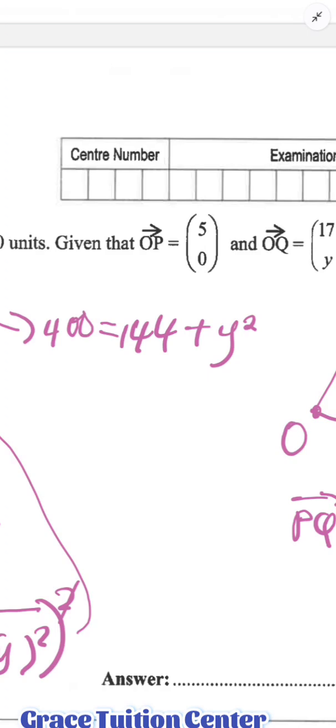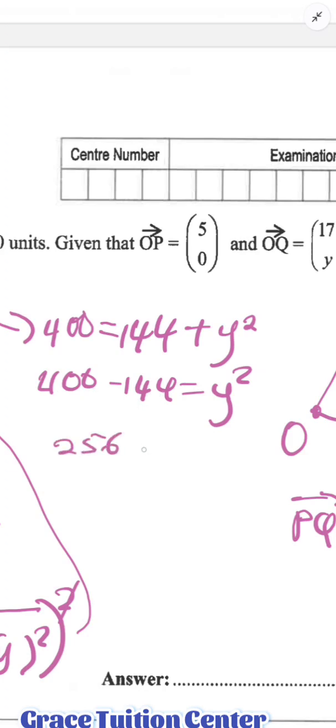So we're going to have 400 minus 144 is equal to y squared. So what is 400 minus 144? That is 256 equals y squared.